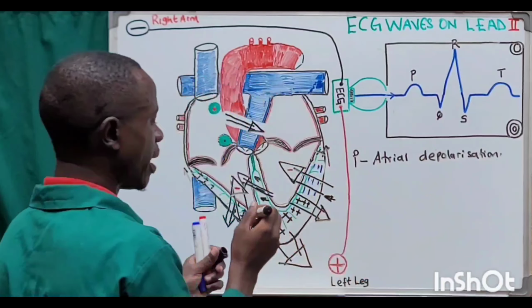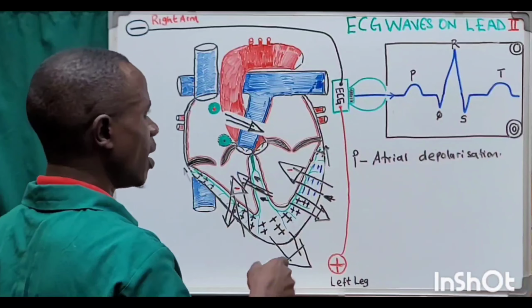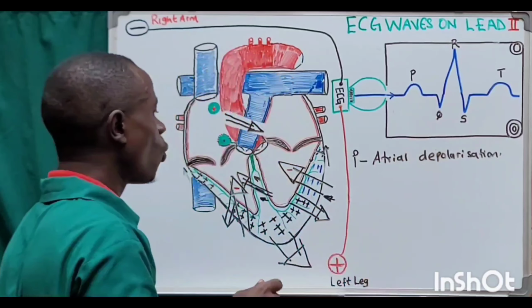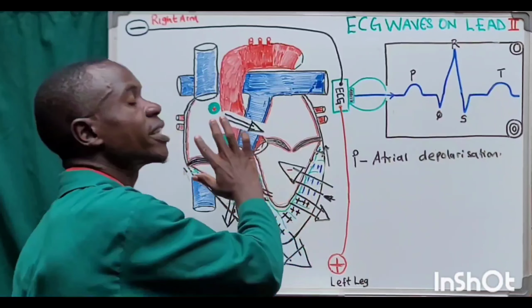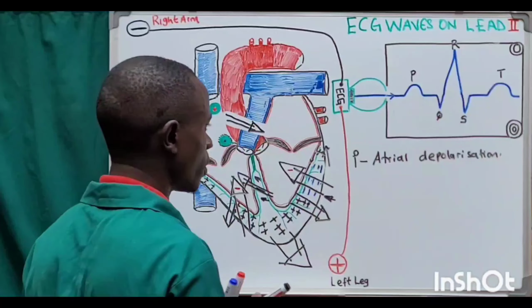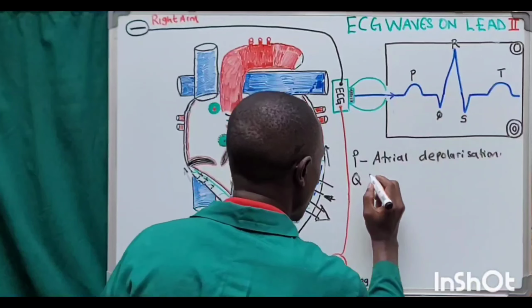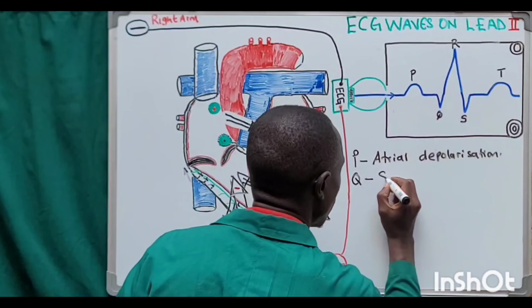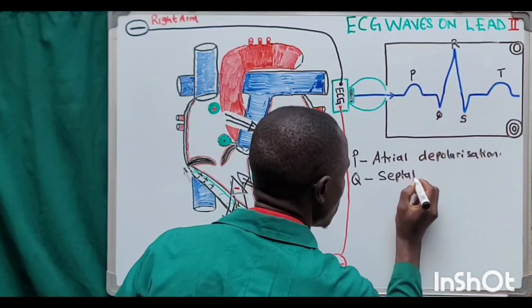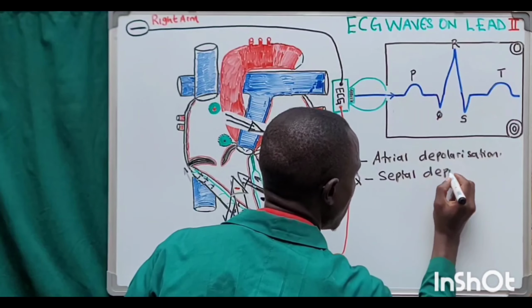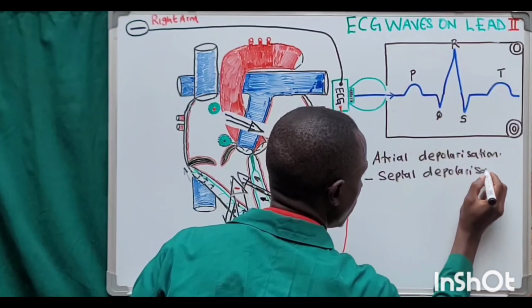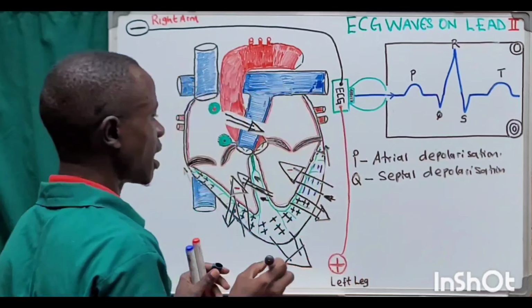Okay, the atria are depolarizing. Now, we said that the Q wave followed septal depolarization. So our Q wave was denoting septal depolarization. Okay, such a beautiful thing.